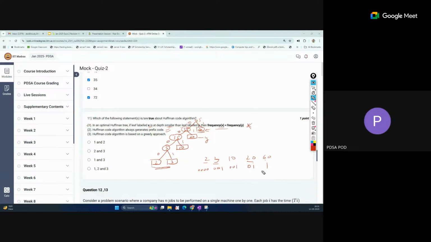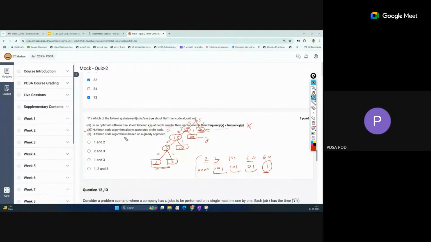So now you can see any code is not a prefix of any other code. If you just pick this one, it is not coming as a prefix of any other codes. Similarly this. So any code cannot become a prefix of another code. This is the property of the Huffman codes, and because of that we say that this algorithm always generates prefix codes. So this option is correct.